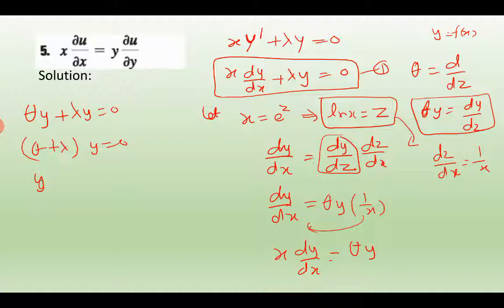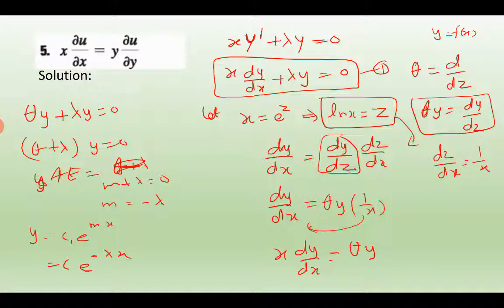The solution of this kind of function is y is equal to, the auxiliary equation is theta plus lambda. I can call it m plus lambda is equal to 0, m is minus lambda, so only one m. So the solution is y equal to c1 e power mx, which is c1 e power minus lambda x.